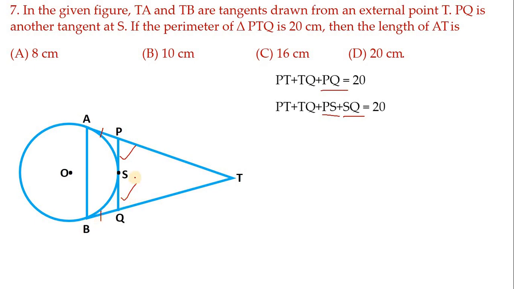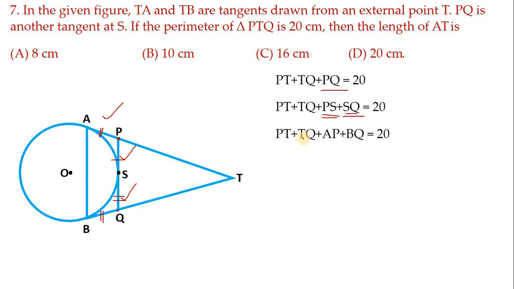So then understand properly. This P is external point for the circle, hence PA and PS also tangents. PA will be equals to PS, hence in the place of PS I can write AP. Similarly, Q also external point, hence SQ will be equal to BQ, hence in the place of SQ I can write BQ. So just like this.